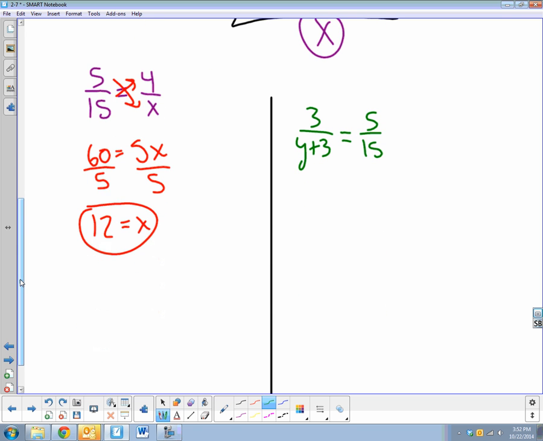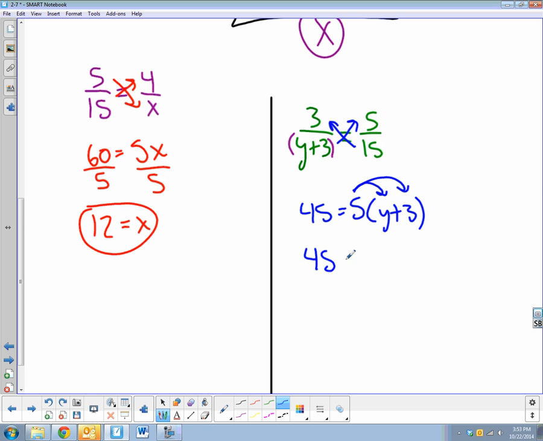Now I'm going to cross multiply. Don't forget parentheses when there's more than one thing in the numerator or the denominator. We cross multiply. 15 times 3 is going to give me 45. And I've got 5 times y plus 3 in parentheses. I distribute through the parentheses. I'm going through quickly, but you can always pause, rewind, slow down.